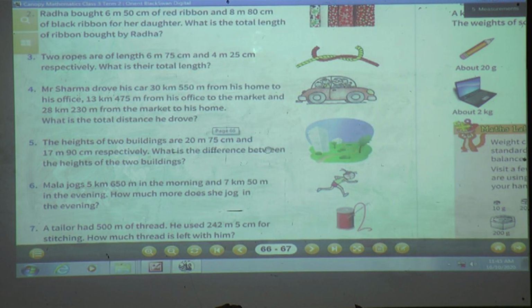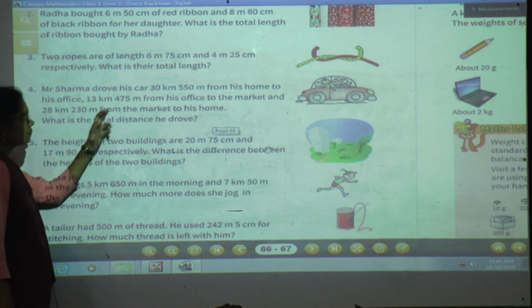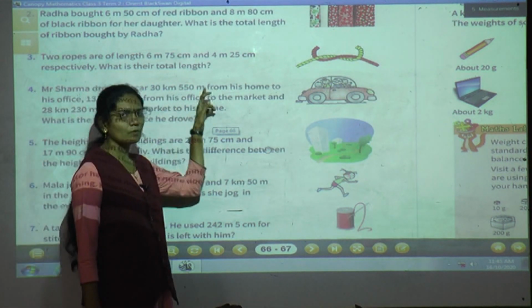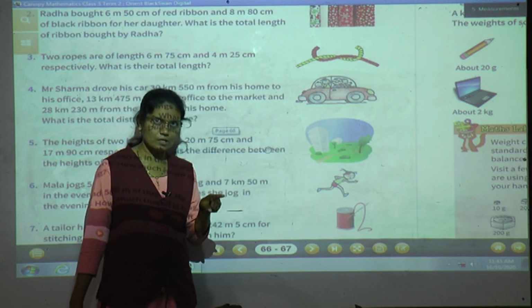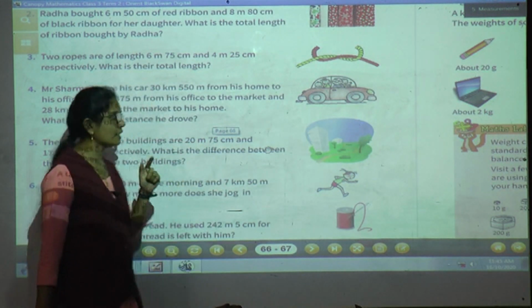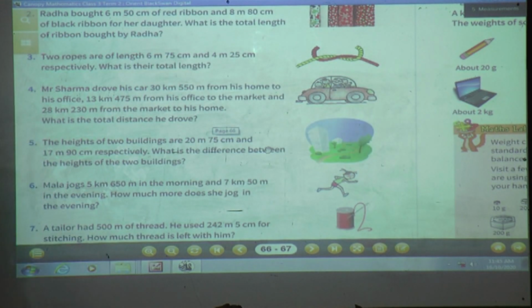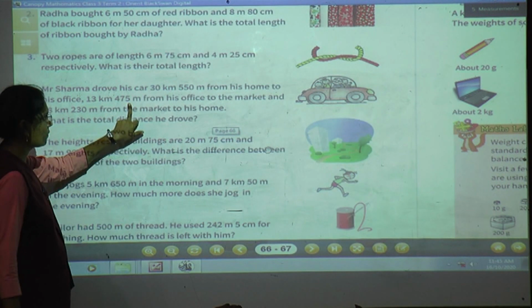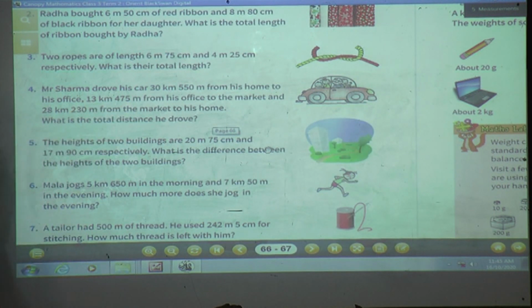See here. First of all, he drove his car 30 kilometer 550 meter from his home to his office. Then from his office to the market he went and the distance was 13 kilometer 475 meter, and then finally from the market to his home he came and the distance was 28 kilometer 230 meter.